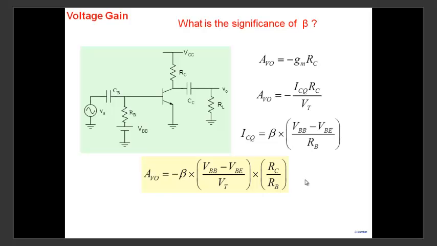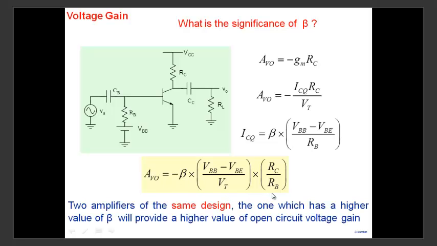So is beta very important for gain? Is beta very important or not? The answer is obvious, okay? Now, if I'm asking that question, most likely it's not so obvious. So let's see. We all see here, AV0 is minus beta, VBB minus VBE by VT, RC by RB. Looking at this expression, would you all agree?